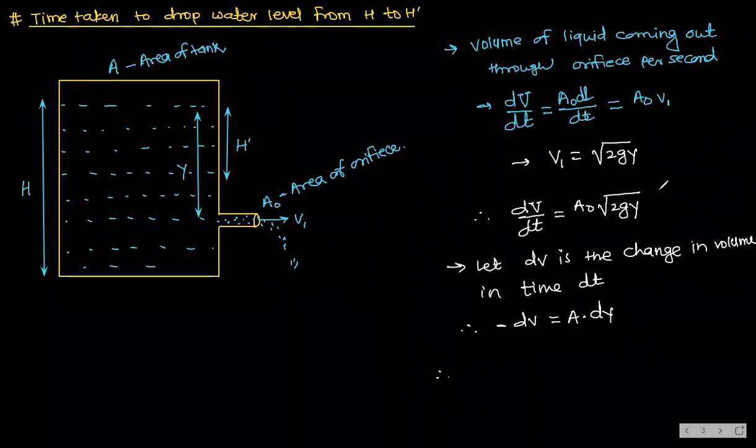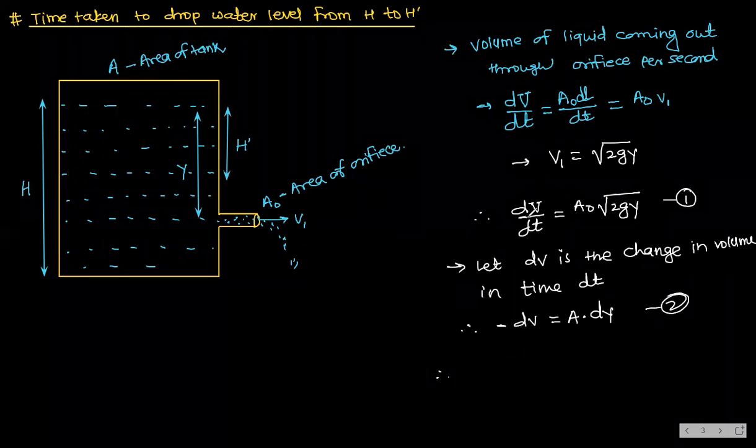Therefore this is, let us suppose, equation 1, this is equation 2, so just substitute this dv here. So what you will get? Minus A into dy by dt is equal to a naught under root 2gy. What I did here, I am keeping these yellow circles. You can easily understand.